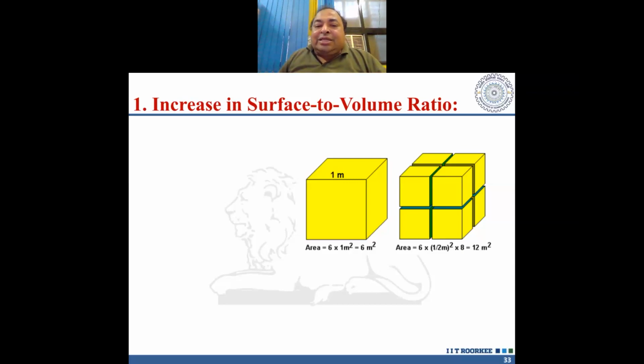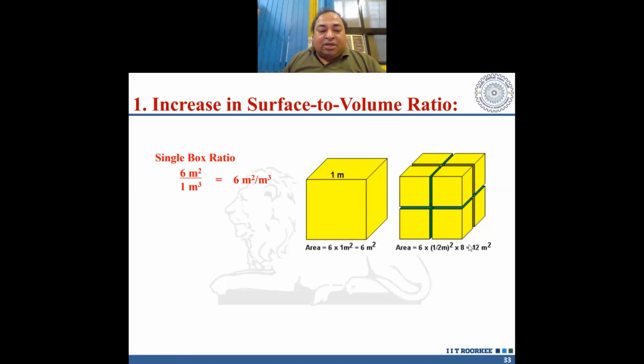So, increase in surface to volume ratio. If you see the box here, which has each side 1 meter, the area is 6 into 1 meter square, which is 6 meter square. But the same size box, created by taking many small boxes, you see that the area now becomes doubled.